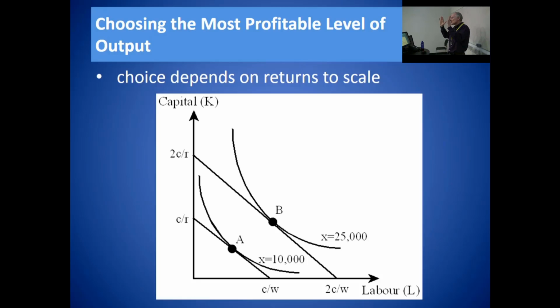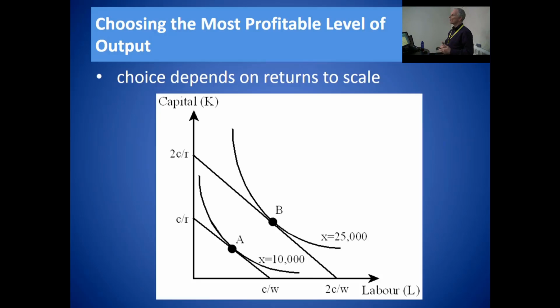So, this again is our standard diagram, isoquants and iso-cost curves. We've got our factor inputs, capital and labour, on the axes. Let's say that we've got our initial isoquant for 10,000 units of output.